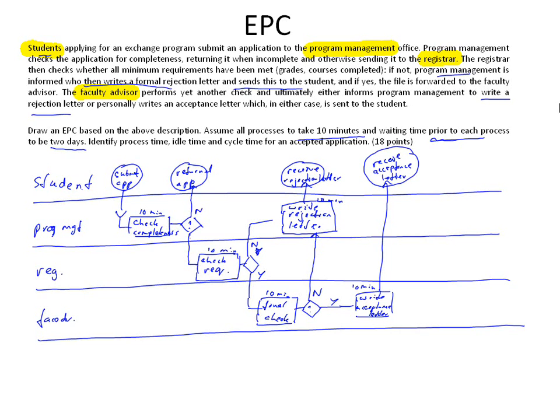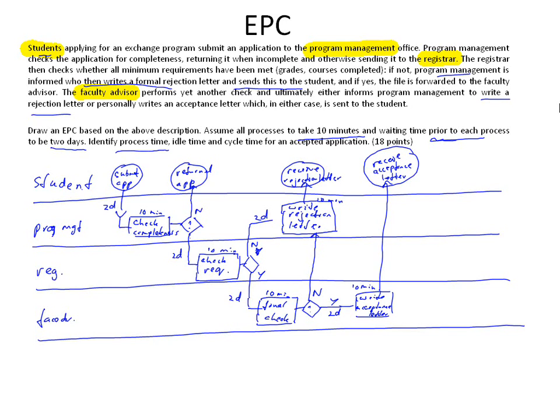And prior to each process, 2 days. This is the process. This is prior 2 days. This is 2 days, 2 days, 2 days. And here is 2 days as well.